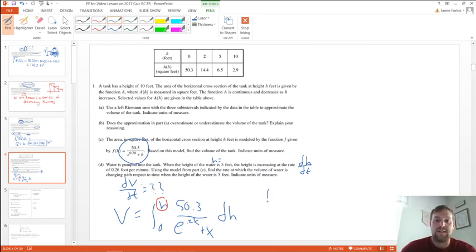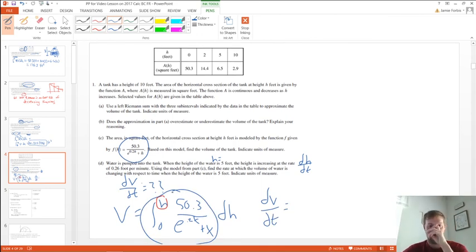So then dV over dt is equal to, how do I take the derivative of an integral? Well, remember by FTC part 1, it's just plugging h in for x. So this is going to be 50.3 over e to the 0.2 h plus h.